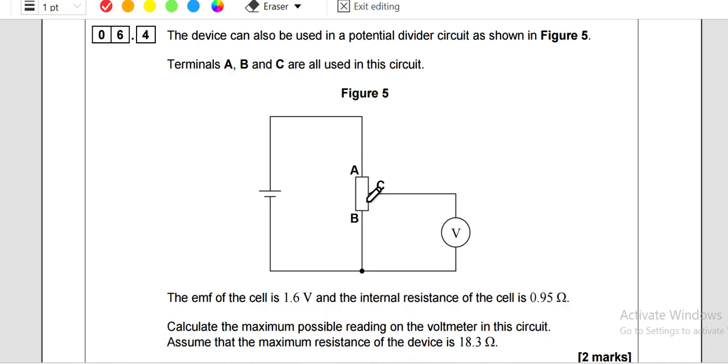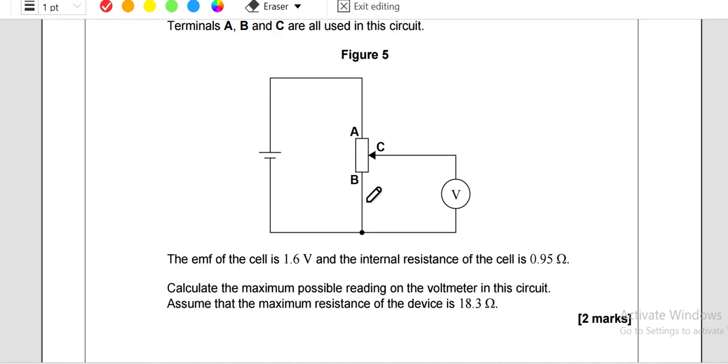Potential divider. We have two ways of solving this problem.